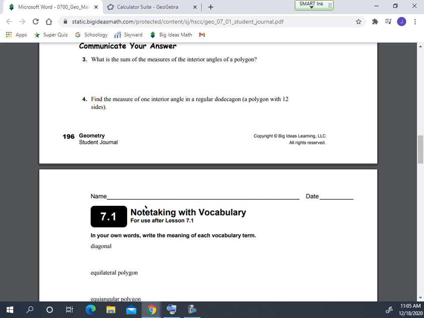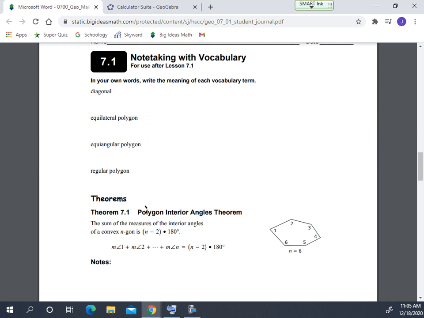All right, moving on. A few notes to jot down, or write them in your own words. A diagonal is a segment that joins two non-consecutive vertices.